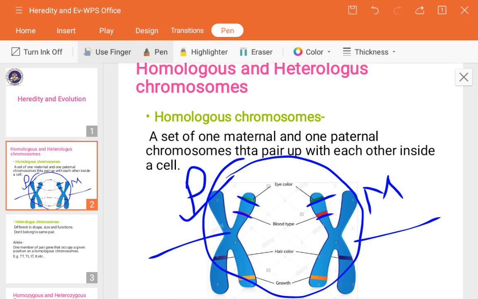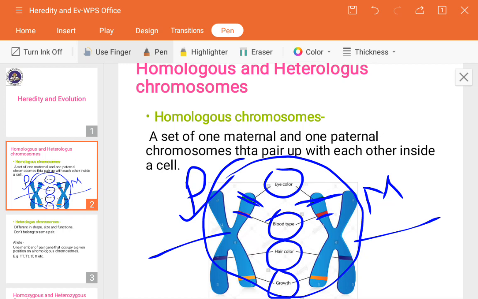Why they have given eye color, blood type, hair color and growth: it means that each of the maternal and paternal chromosomes has the same size, the same shape, and both have corresponding genes for the traits. If the eye color is present on the paternal chromosome, then the corresponding maternal chromosome also consists of the eye color trait.